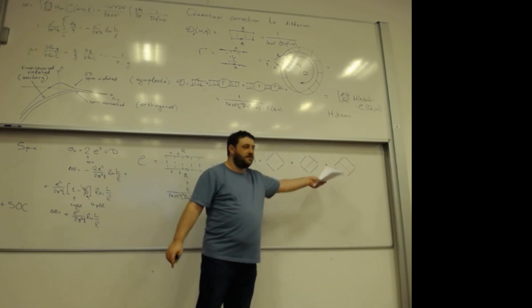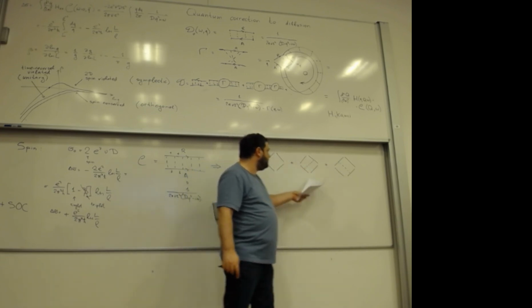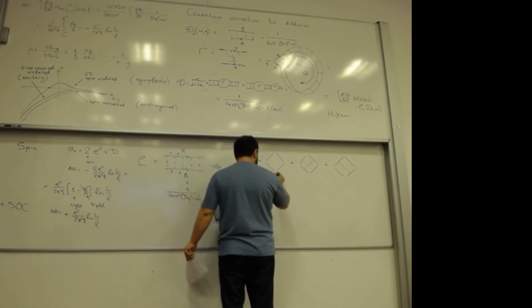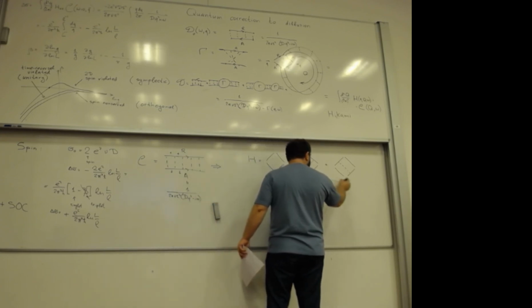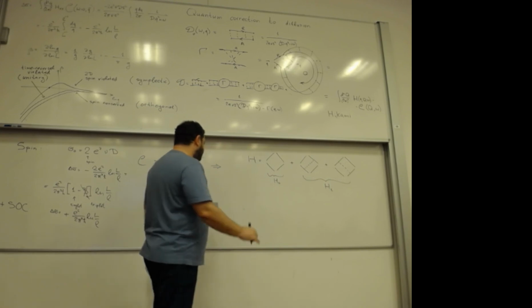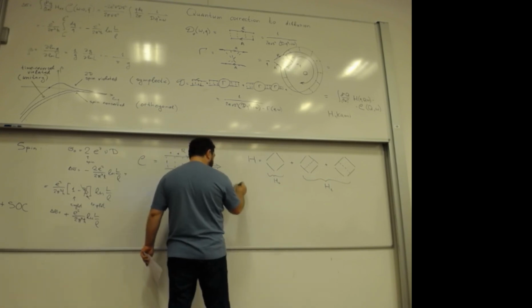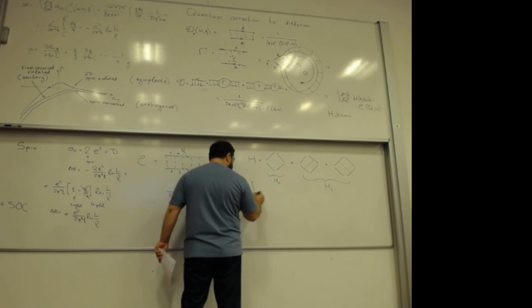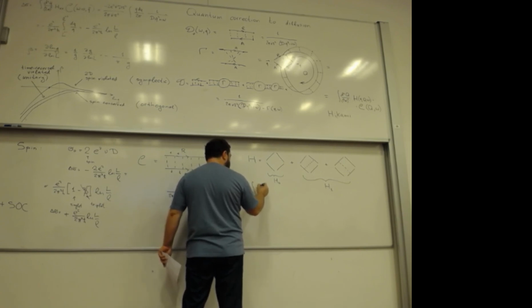So to find the Hikami box, we need all 3 of these diagrams. Let's call this H0 and this H1, and we write the expression H0 equals the integral over momentum, d^dp over (2π)^d.